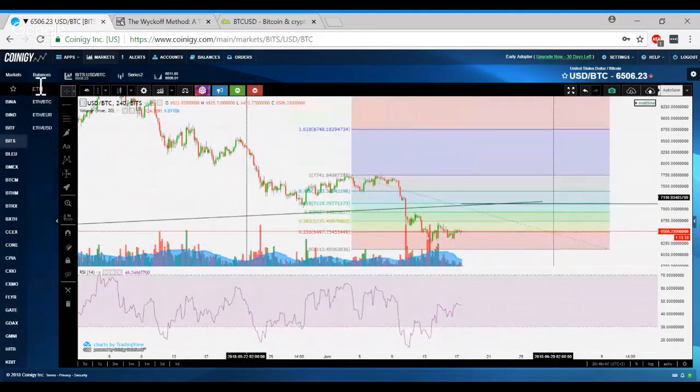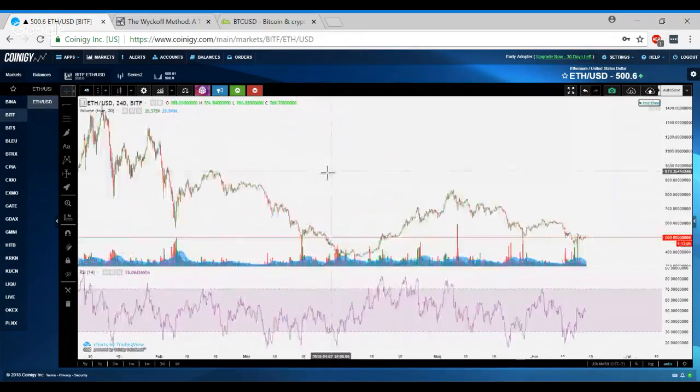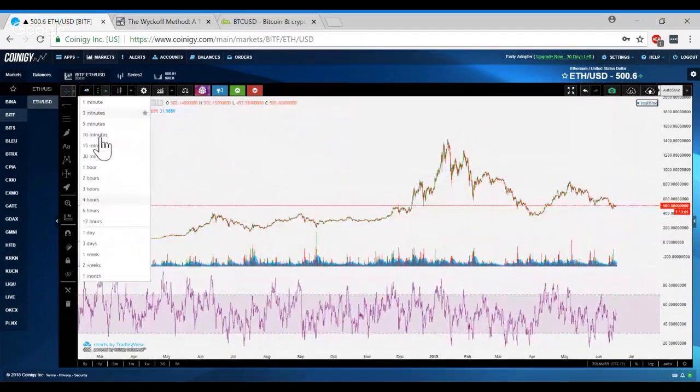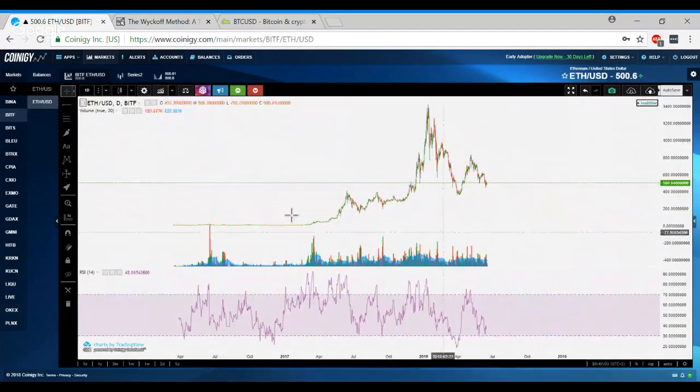I'd like to take a look at two more coins. One of them is obviously Ethereum. Ethereum usually sets a trend for the overall alt market sentiment. As I've said in my previous videos, I will be damned if I sell Ethereum.